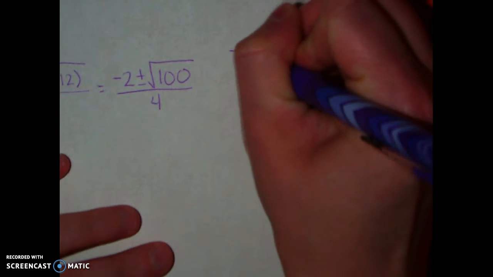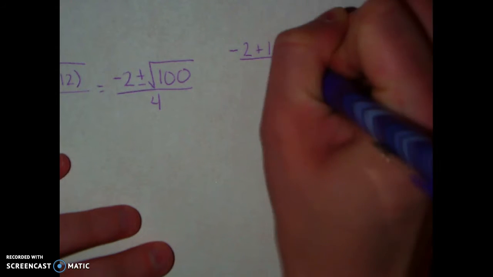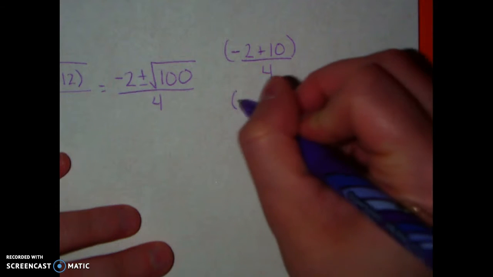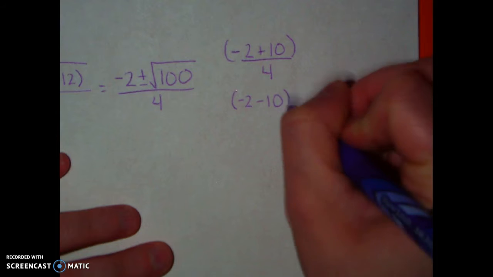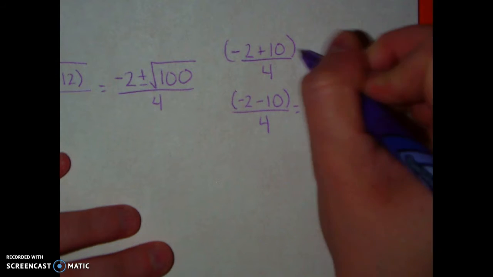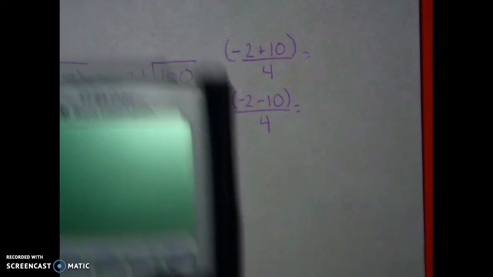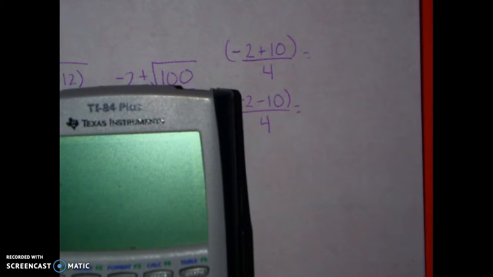It'd be negative 2 plus 10 divided by 4 and negative 2 minus 10 divided by 4. So in your calculator, negative 2 plus 10 divided by 2 is 4.